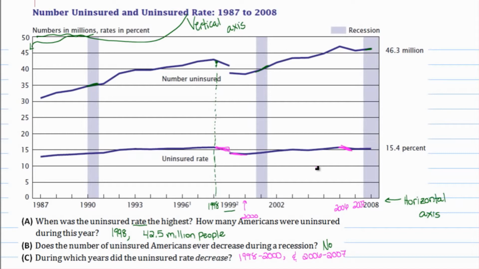If you're going to do that, again by visual inspection only, I would probably say that would have occurred between the years 1998 and 1999. It looks like that's the steepest decline. A similar question could be asked about the largest increase in the number of uninsured, and this might be the largest single year increase, which is 91 to 92.